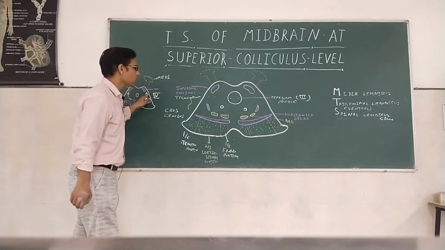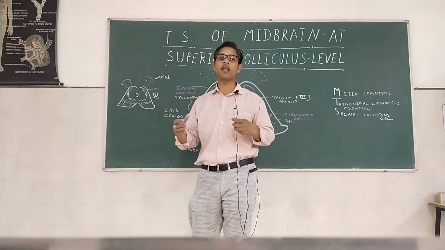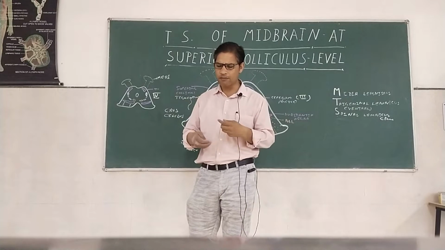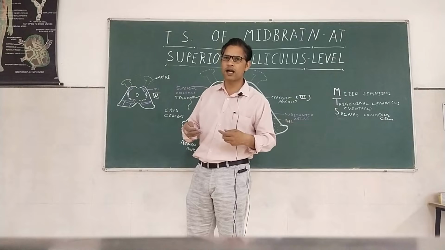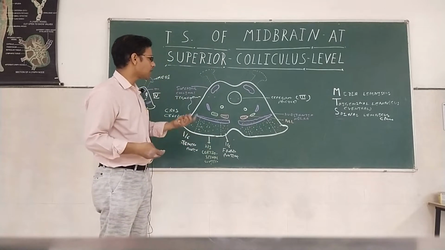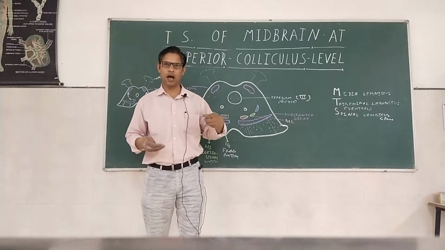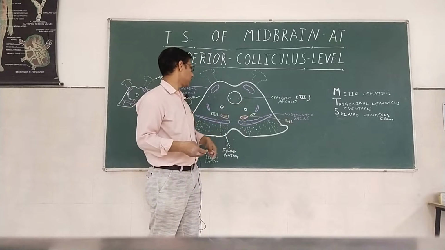Okay, the lateral lemniscus was present at the inferior colliculus level because it's sending many efferents. We should discuss in some other lecture the superior colliculus, inferior colliculus, the lateral lemniscus and the medial lemniscus. But now the lateral lemniscus is absent here.